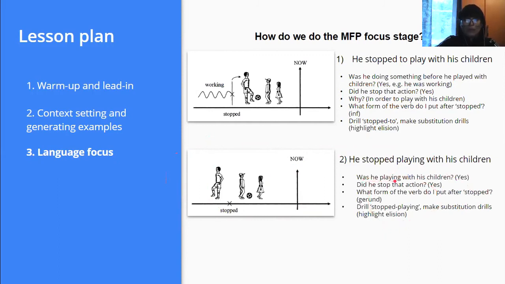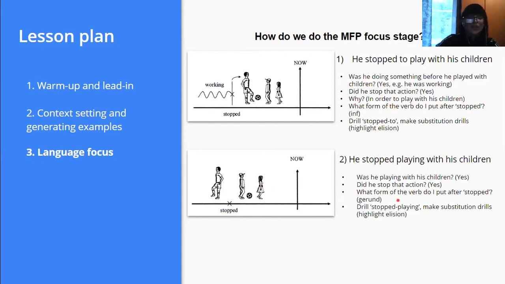For example, was he playing with his children? Yes. Did he stop that action? Yes. So he stopped doing something, he stopped that action, and afterwards elicit the form. Again, what form of the verb do we put after stopped? Okay, look, in form, in or gerund, if your student is quite brainy, I would say.